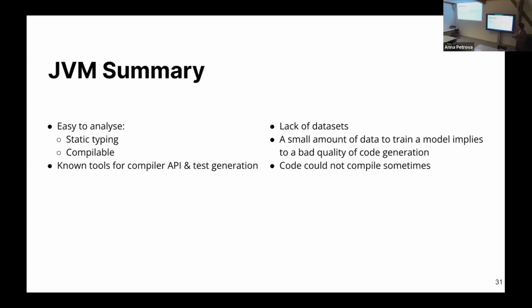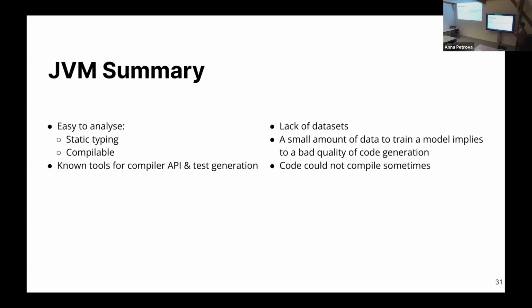So yeah, as I said, for JVM we have just a small amount of data, and it's not very good. But on the other hand, we have easier things to analyze because we have static typing and our languages are compilable.